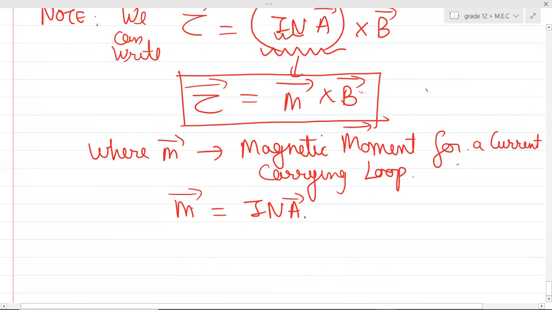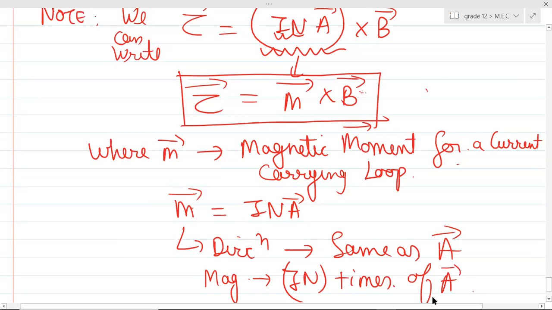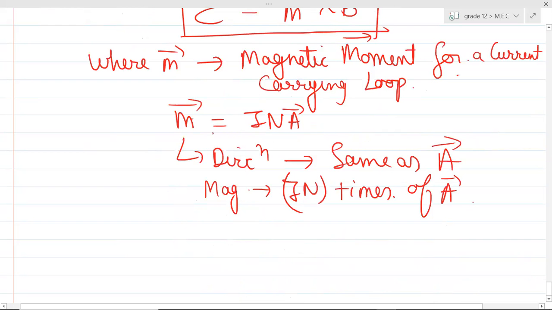Magnetic moment is I into N into A. Please remember the direction is the same as the area vector, whereas the magnitude is I into N times the area vector. Is this clear? Yes, sir. Please remember the direction of area vector.